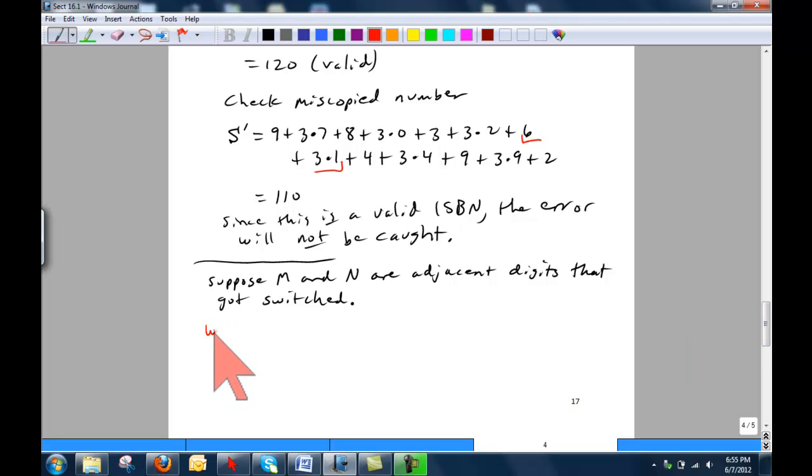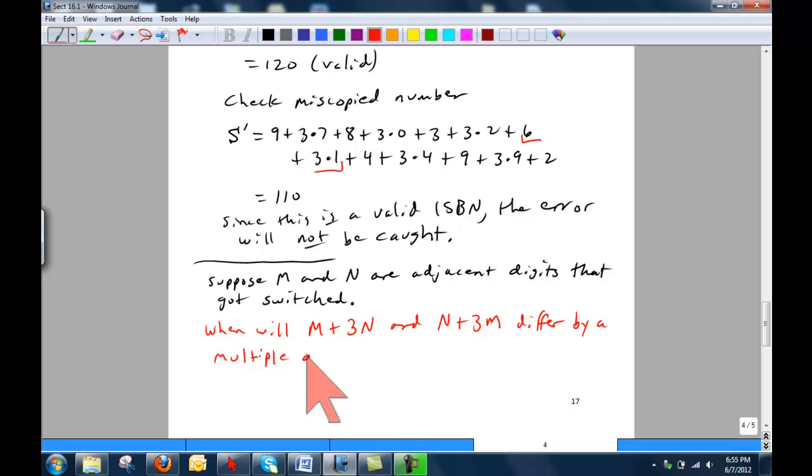So when will m plus 3 times n and n plus 3 times m differ by a multiple of 10? These are exactly the cases that are not going to be caught.